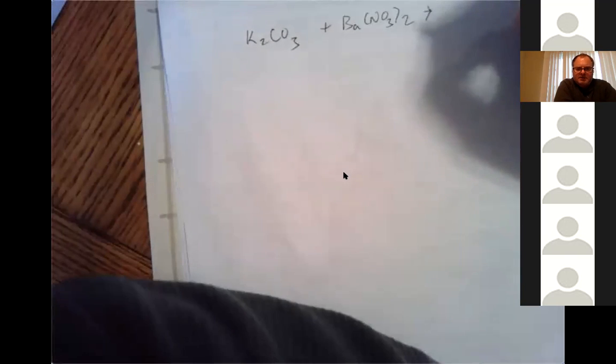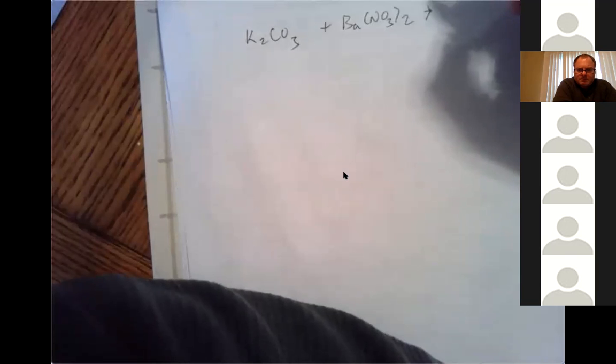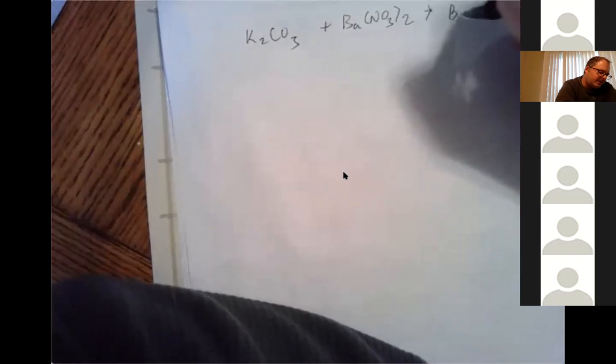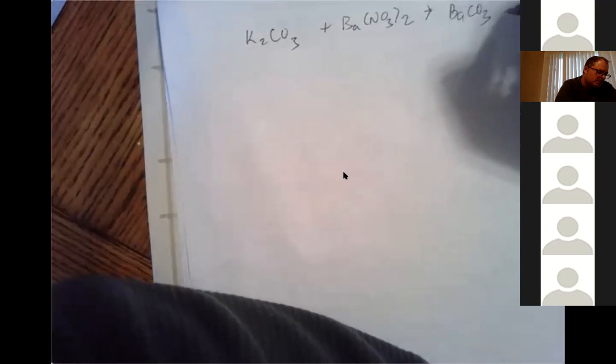What are we going to yield here? Concentration of barium carbonate precipitates. So we get barium carbonate plus potassium nitrate. That's going to be 2.